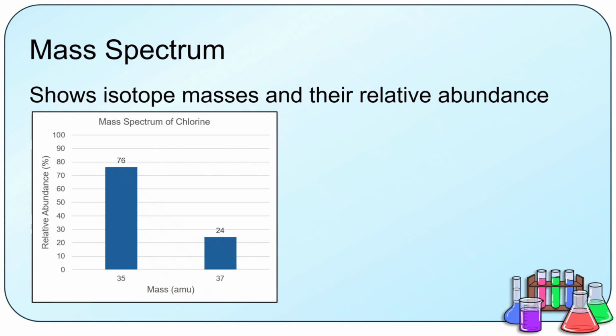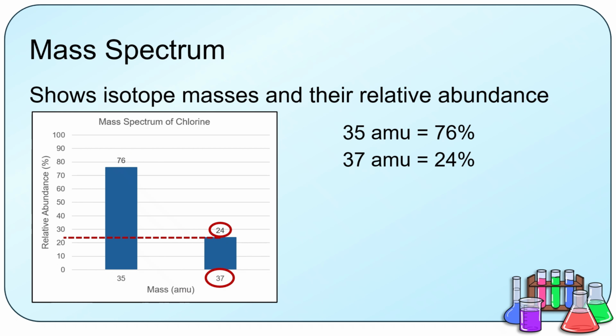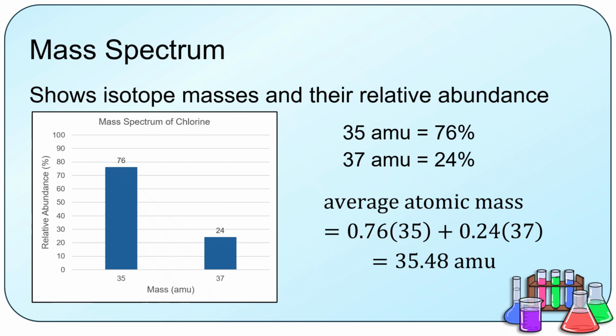This first isotope has a mass of 35 and a relative abundance of 76%. This second isotope has a mass of 37 and a relative abundance of 24%. Once you have this information, you can use the same equation as before to solve for average atomic mass. Convert the percentages to decimals, multiply by the isotope mass, and add the isotopes together.